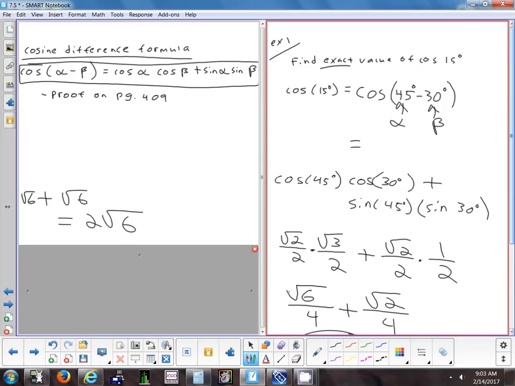If you wrote this as cosine 60 minus 45, he picked two angles that are multiples of 30 or 45, and he did subtraction, so we could use this formula, and you'd get exactly the same answer. It doesn't matter which way you do it. There's tons of ways you can do it. You just have to pick angles that are multiples of 30 and 45.